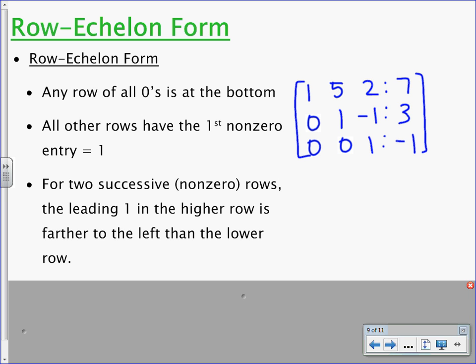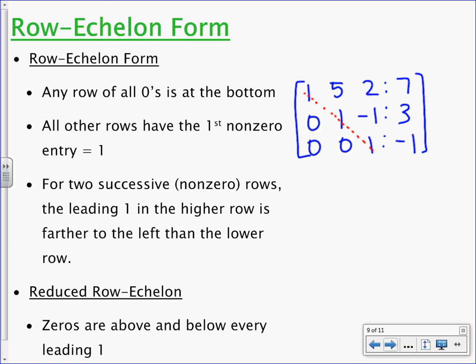How I like to kind of describe this is there ends up being a seatbelt of 1s, where below the seatbelt of 1s will be a triangle of 0s. Okay, but to get row echelon form, we get this seatbelt of 1s across the diagonal. Okay, and then all of these numbers end up being 0s. Okay. Reduced row echelon form.